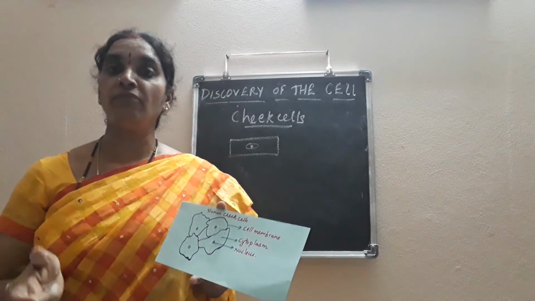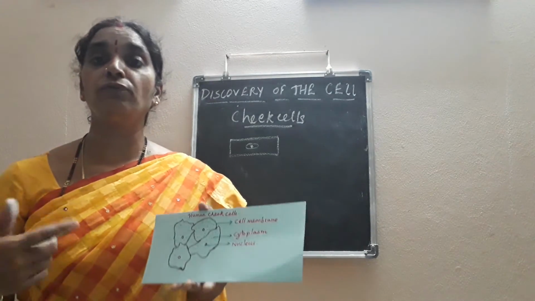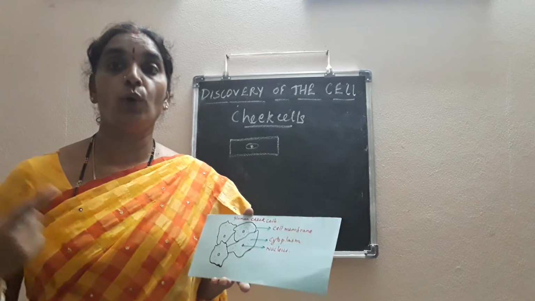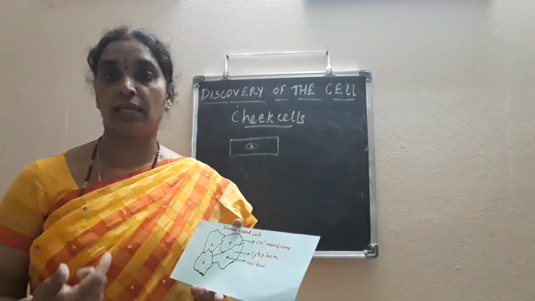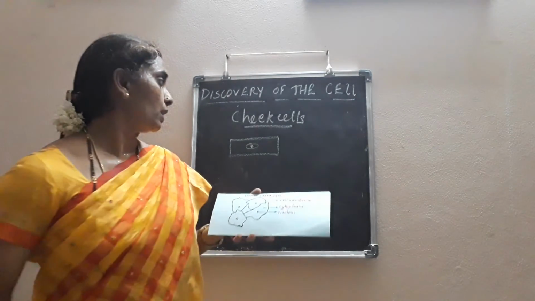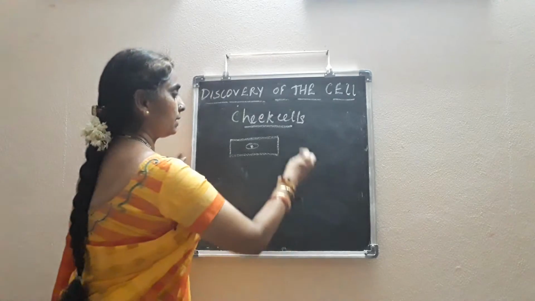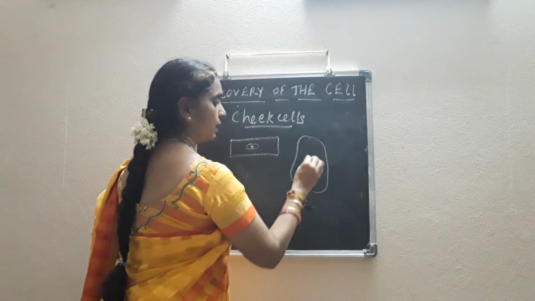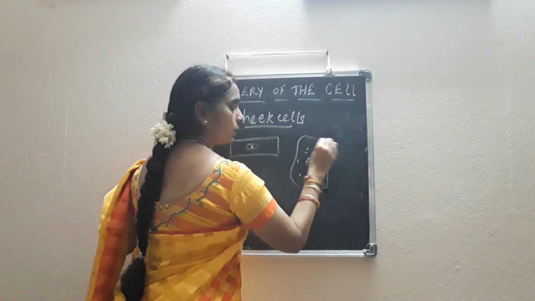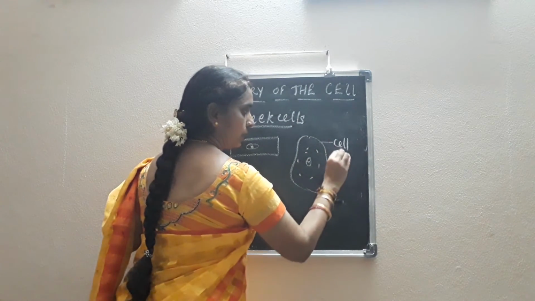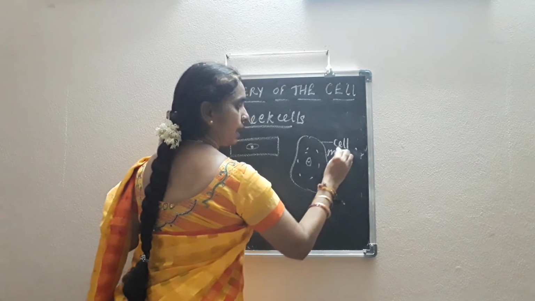How does the cell wall protect or help the plant, and why is there no cell wall in the animal? That is the doubt that everyone gets in their mind. For that, you have to know that the cell wall gives the shape of the cell, and it contains the nucleus and cytoplasm, but the animal cell has only a cell membrane, not a cell wall.